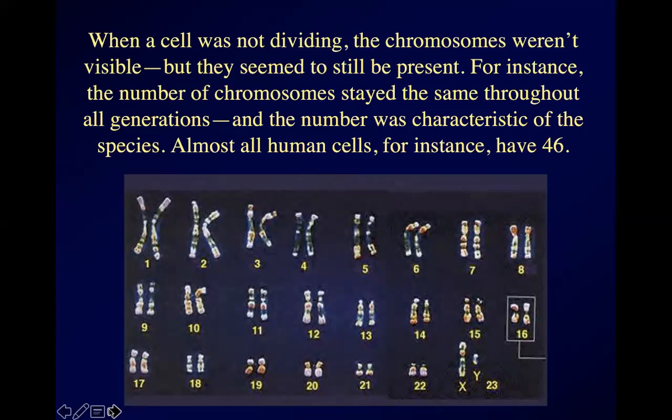And then when the cell was done dividing, the two cells would just kick back and the chromosomes would fade, and the grainy nucleus would reform. And yet, if you stuck around long enough and you watched those two cells divide into four, each of those cells had the same number of chromosomes that the first cell had.